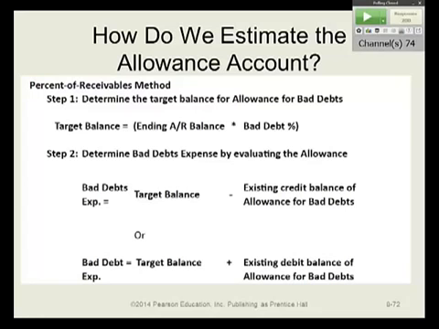What is my bad debt expense? The bad debt expense is going to be $10. Why? Because I already have 40 in there. So the bad debt expense is going to be the target allowance minus the existing credit balance.